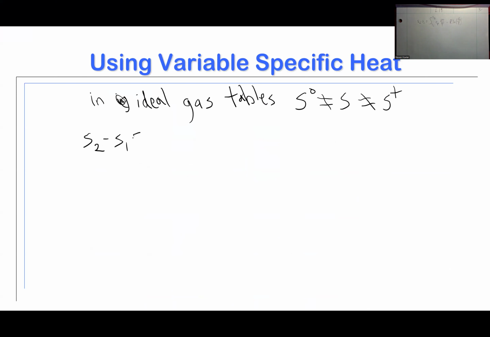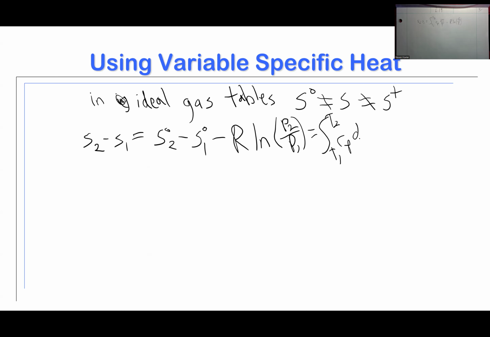So S2 minus S1 is equal to S naught 2 minus S naught 1, but then minus R ln P2 over P1. The S naught values can take the place of this integral from T1 to T2 of C sub P dT over T. This version still has the minus R ln P2 over P1.